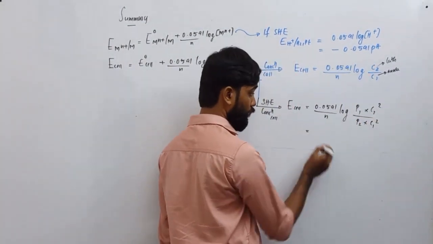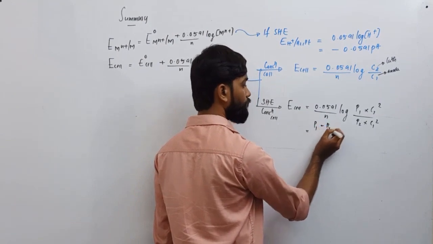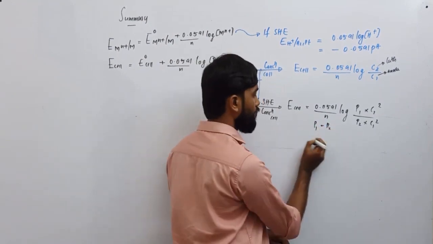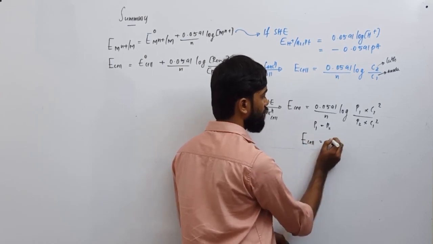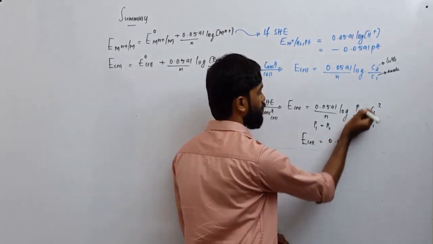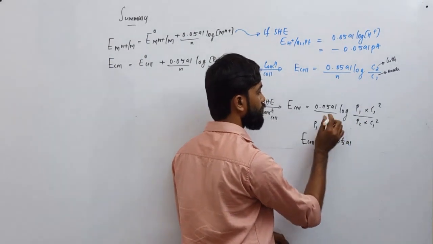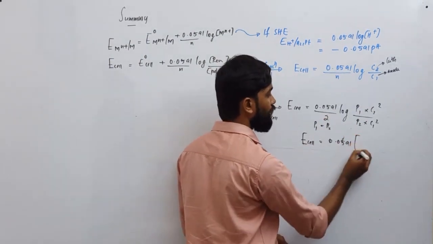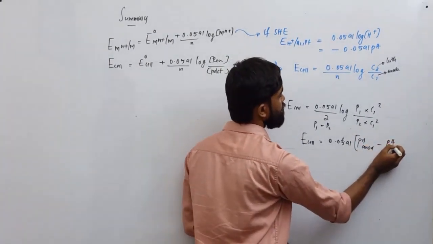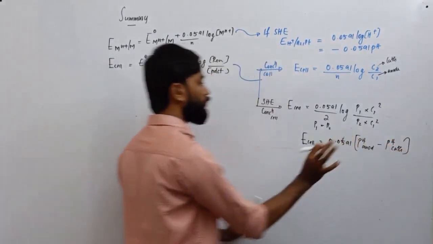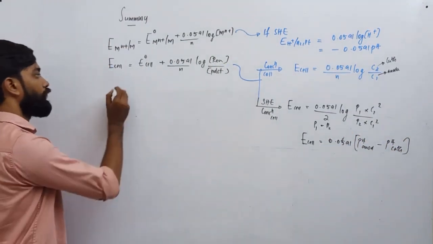If P1 equal to P2, which is equal to 1, then the cell EMF in the case of SHE is 0.0591. Here n is 2, right? pH anode minus pH cathode. Okay, you have to study that.